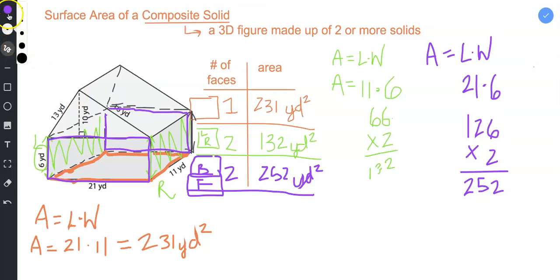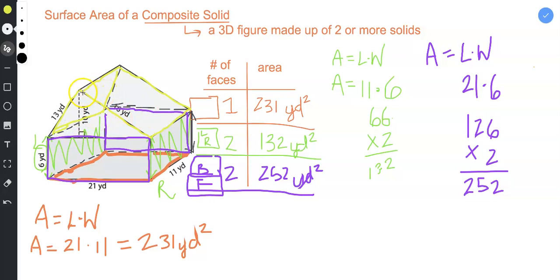So what I'm going to do is I'm going to start with looking at the right face. We could call this one of the roof faces, and then also this face over here.